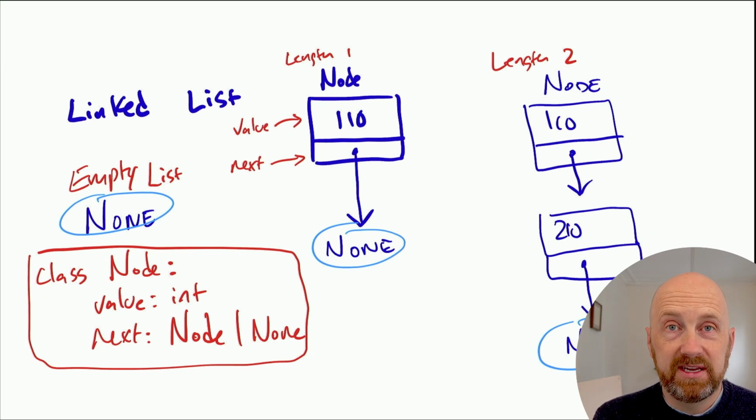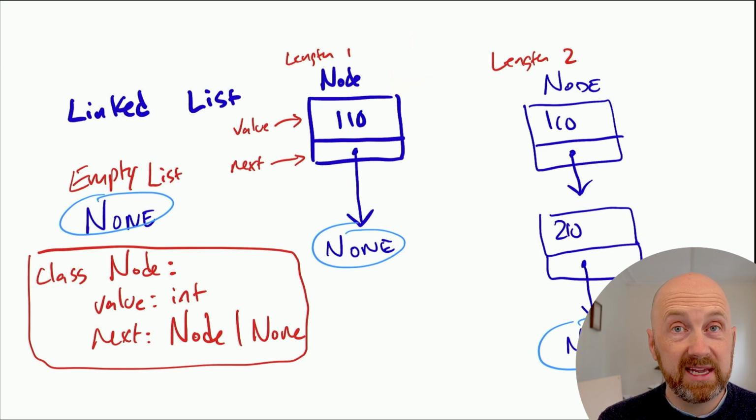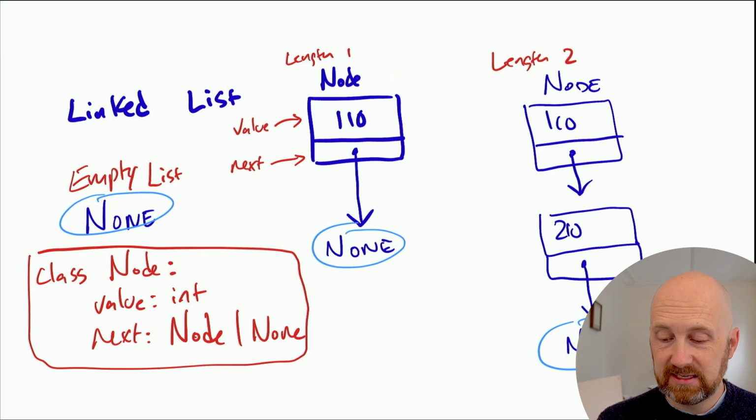Our recursive case is going to be, okay, what is the sum of this list? When we get a list, we're actually going to get a reference to the first node, or the head node, as we like to call it. We get a reference to this, and we could think of the sum as, what is this value?